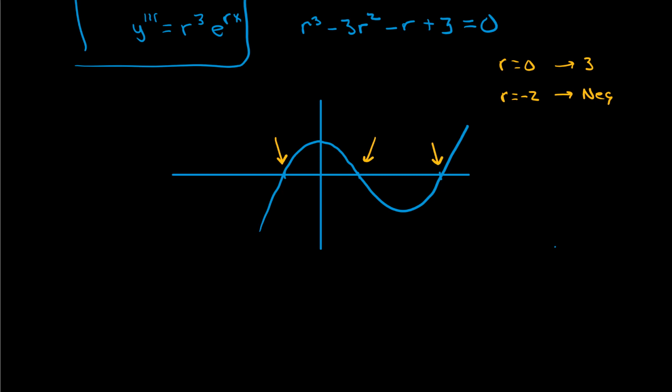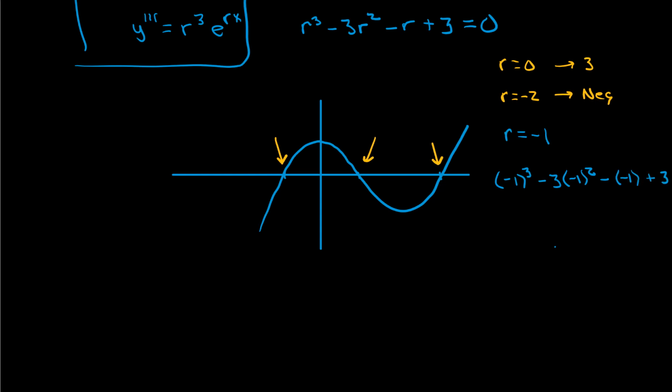Okay, so we can go shopping for roots like that, trying to identify locations for them. And knowing this, we could hope that we're going to be lucky and try something like r equals negative 1. If we substitute that negative 1 in there, we have negative 1 cubed minus 3 times negative 1 squared minus a negative 1 plus 3.